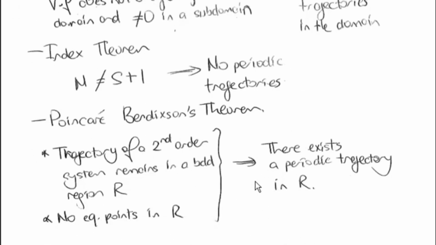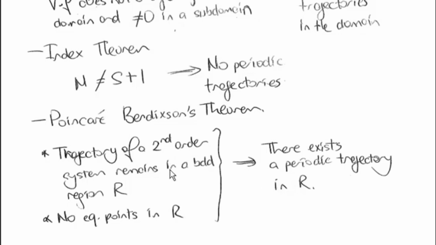The third result was an existence type of result, and it was called the Poincaré-Bendixson theorem. So in that case, if we have a second order system, this second order was important, remember. If we have a second order system whose trajectory remains in a bounded region, and if there are no equilibrium points in that region, then there should exist a periodic trajectory in that region.